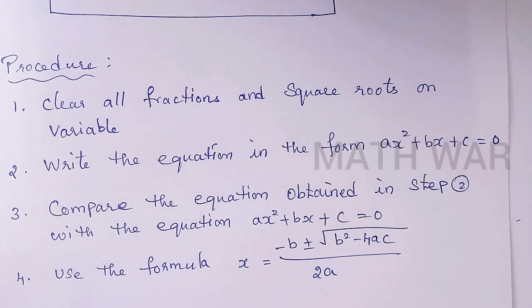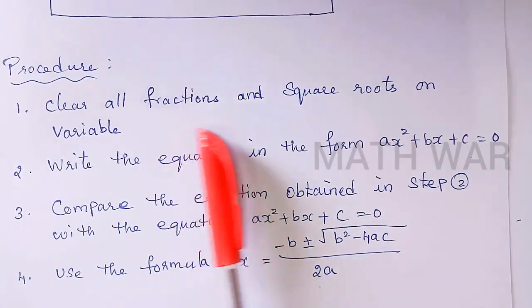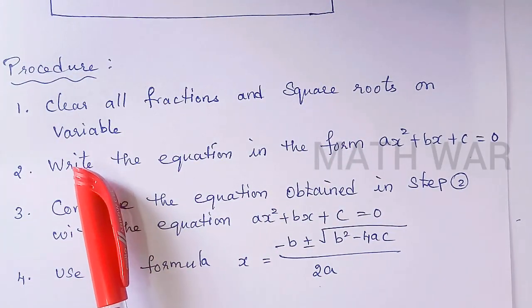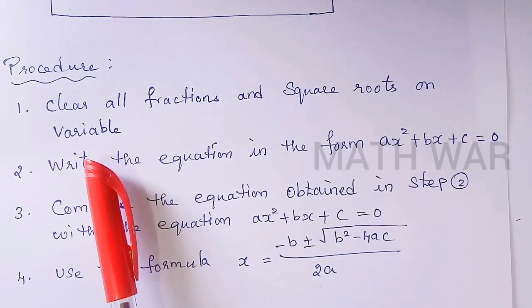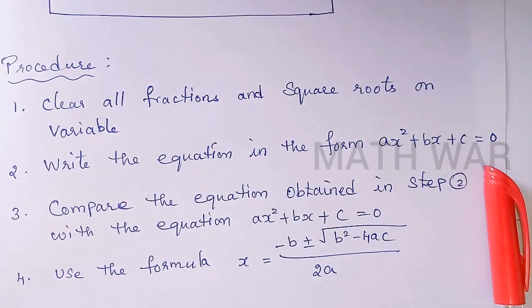We will see the procedure now. First, clear all the fractions and square roots on the variable. That is, simply simplify the given equation and bring it to the form of ax square plus bx plus c equal to 0.